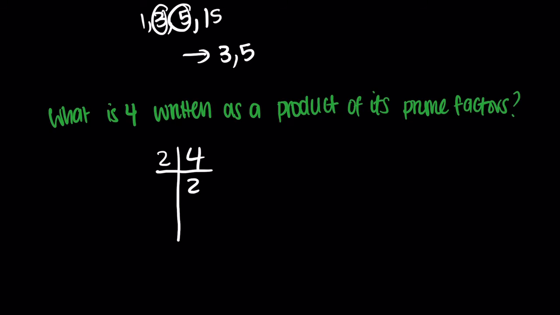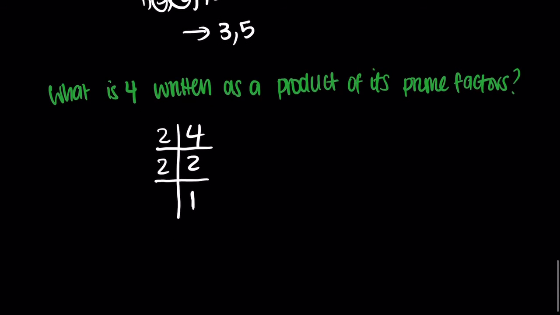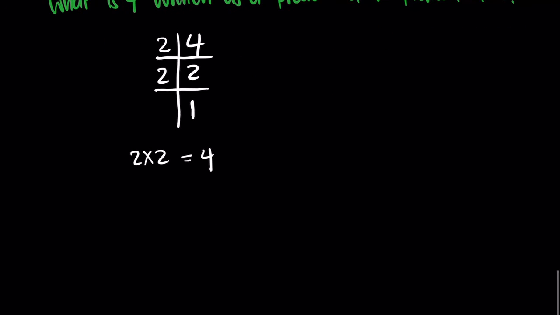Then I think of a prime factor that divides into 2. The answer is 2. And 2 goes into itself once. So we're at the end of the table since there is no prime number that divides into 1. We then take the product of the prime numbers on the left side of the table, 2 multiplied by 2, and this is 4 written as a product of prime factors.